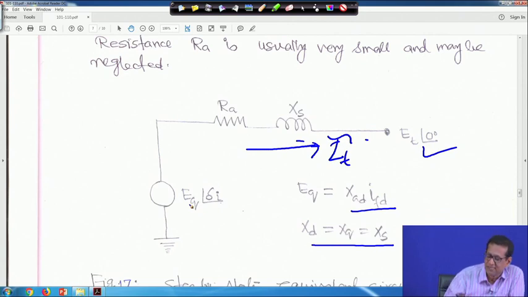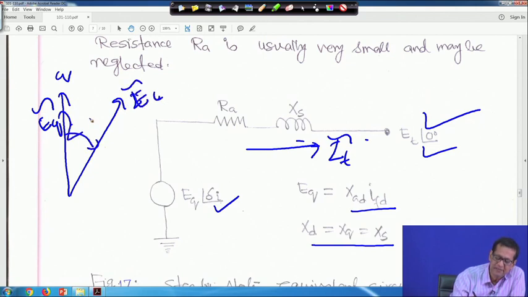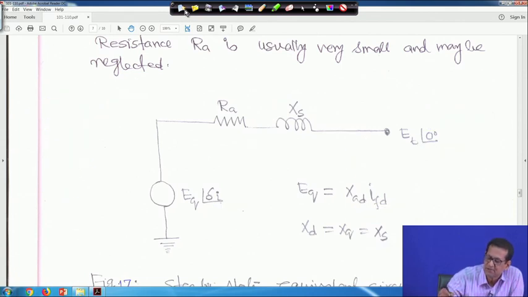That means, if you take Et as the reference, Eq leads Et by an angle delta I, because this was your q axis, this is Eq, this was Et, and this angle was delta I. That is why we have written Et angle 0 and Eq angle delta I. Generally for a machine Ra is very small and can be neglected, but this is the steady state equivalent circuit.